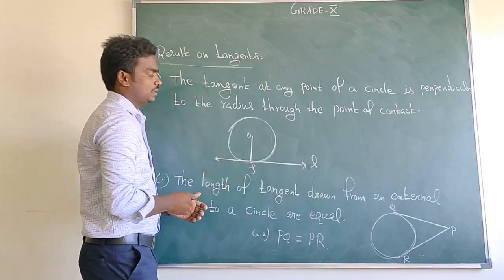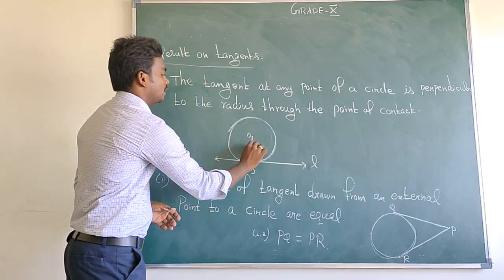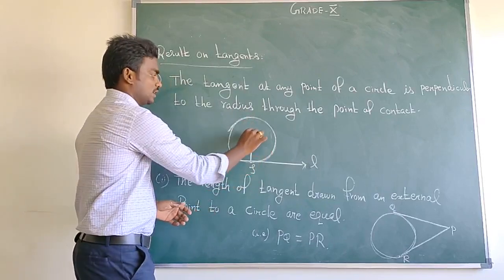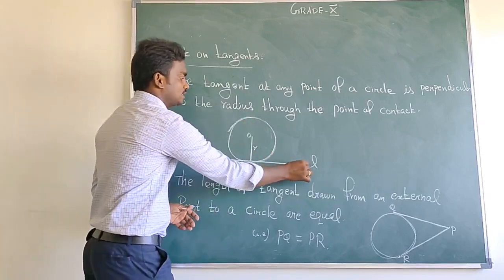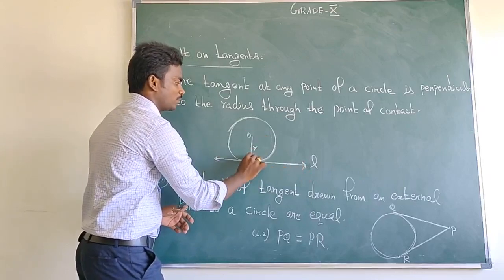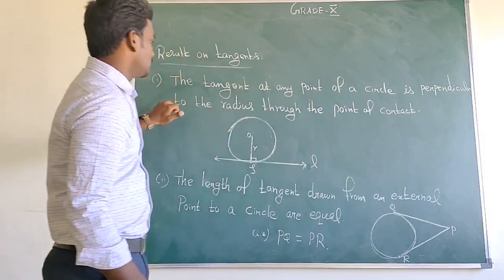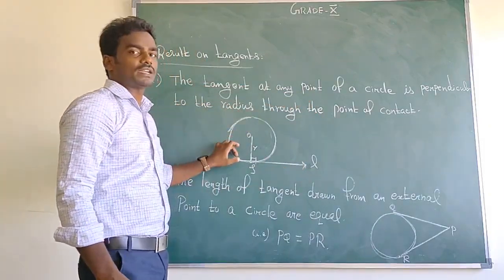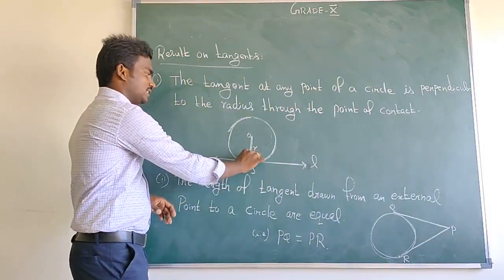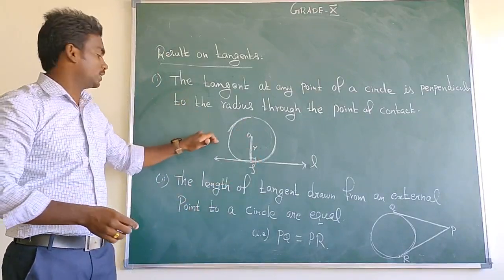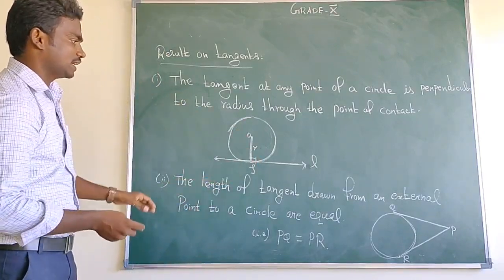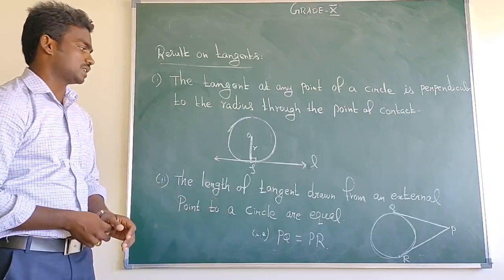Here S is the point of contact, and this line is the radius of the circle. This radius and this tangent are perpendicular at the point of contact. Right? So the radius and the tangent are perpendicular.